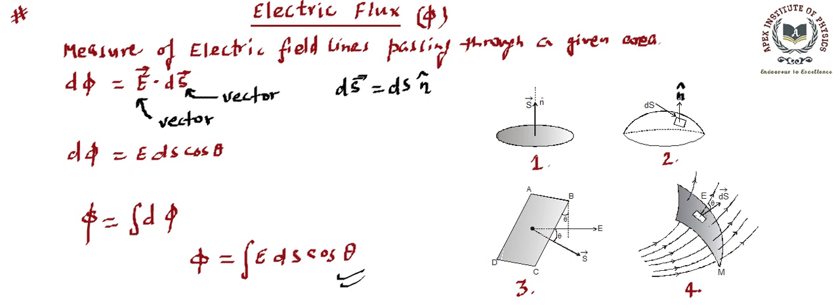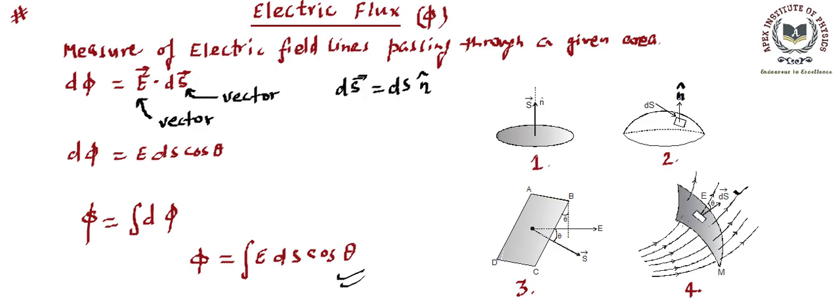Of this element, the perpendicular direction will be indicating the ds direction. So here the ds direction has been illustrated by the perpendicular direction. Now this is the direction of E at that location. So by the tangent we are getting the E at that location. The angle between them is theta. So the flux through this surface is going to be integration E ds cos theta.